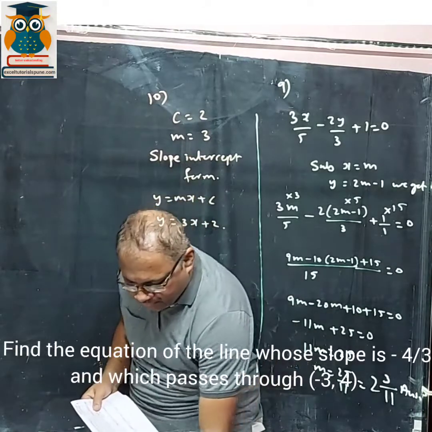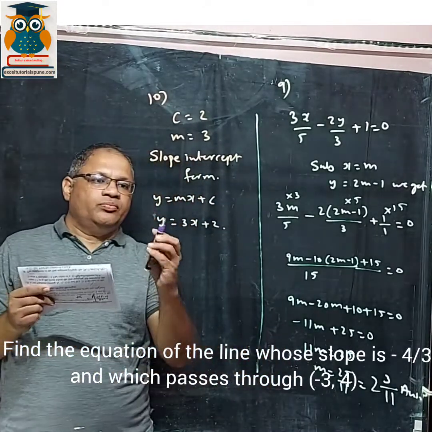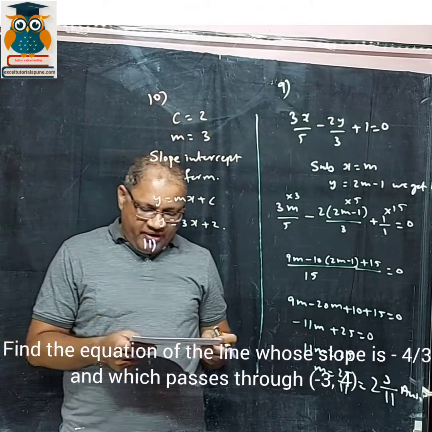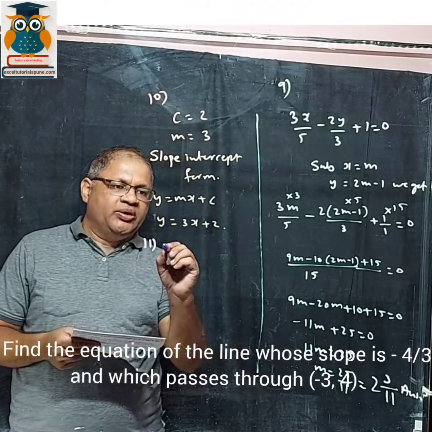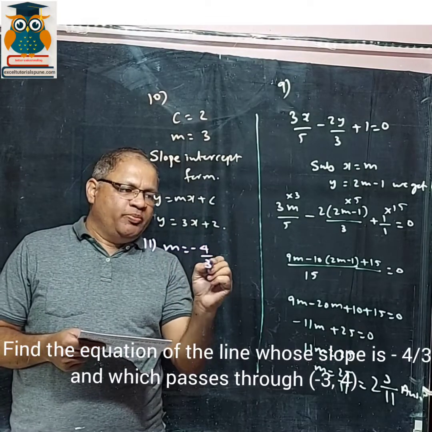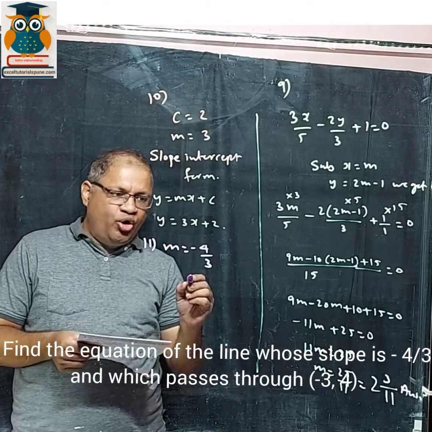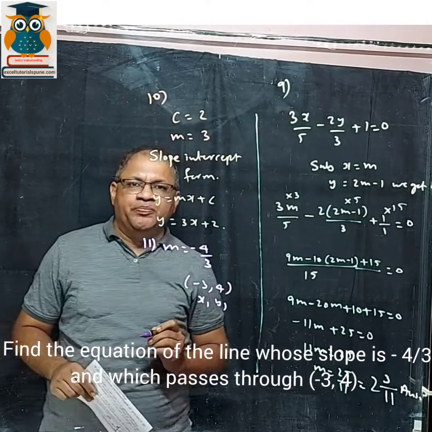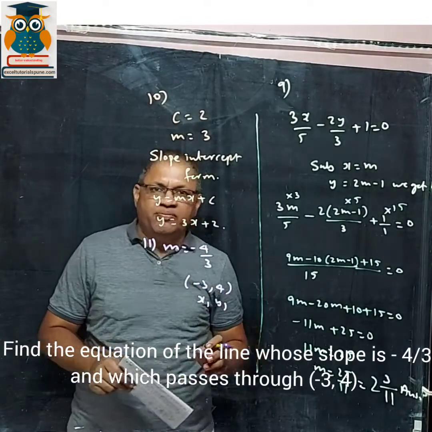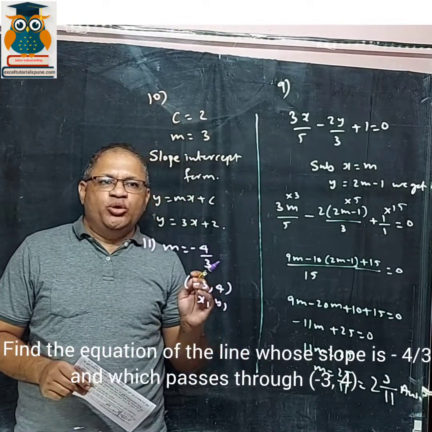Now we'll do the 11th sum. Find the equation of a line whose slope is minus 4 by 3 and which passes through (minus 3, 4). So we'll take this as x1, y1. And you have to find out the equation of this. So for the formula for the equation, you have to use the point-slope form.